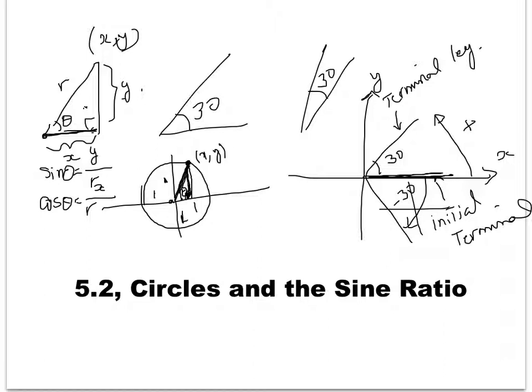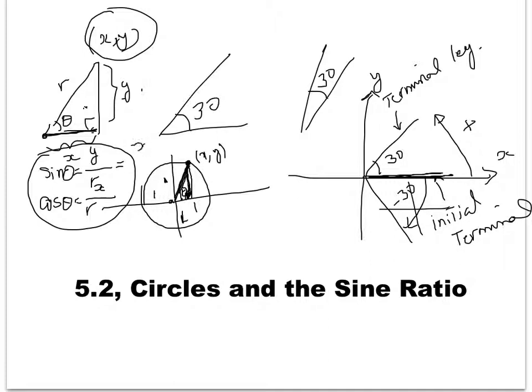Okay? Now, if you look at the sine and cos definition of the angle and the point, and this is a unit circle, what is the radius? 1. So the cos theta becomes what?